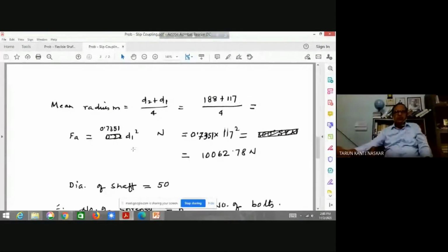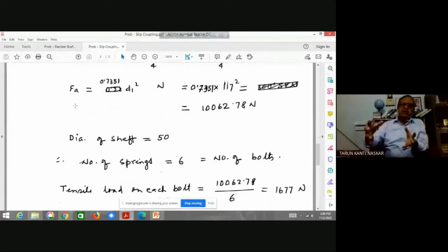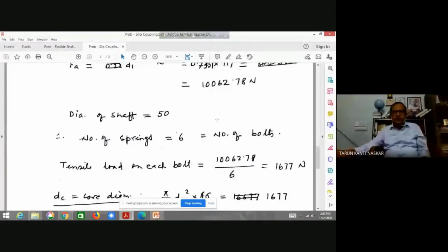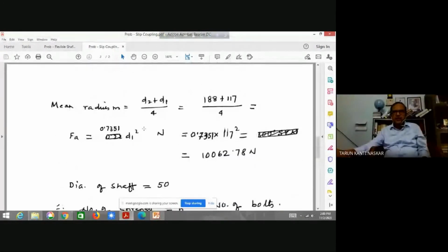Now FA, we have to ultimately design the spring, but since we won't design the spring here, we have to design the threaded part of the bolt. So FA is this. Ultimately FA will be this. Clear? Then D1 is found out, so ultimately FA is this.